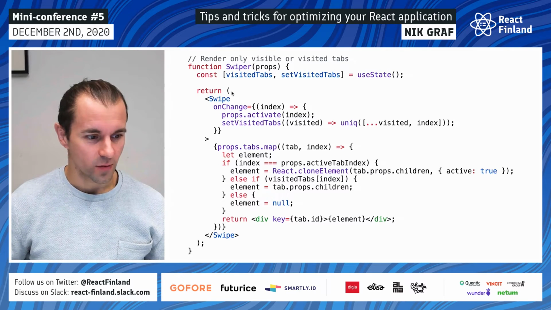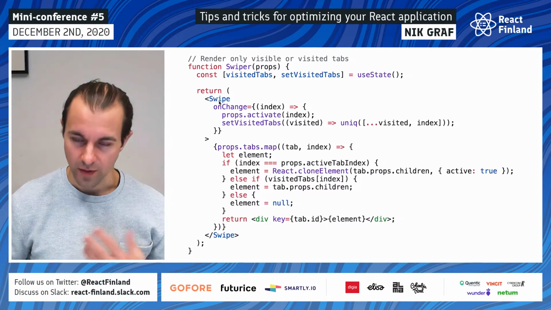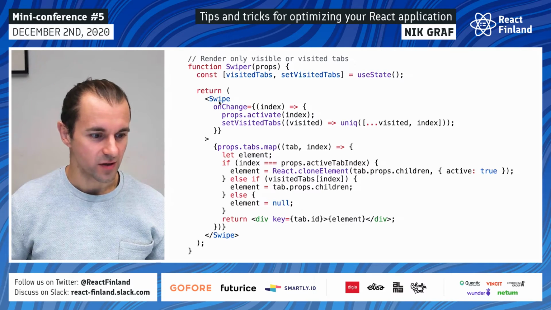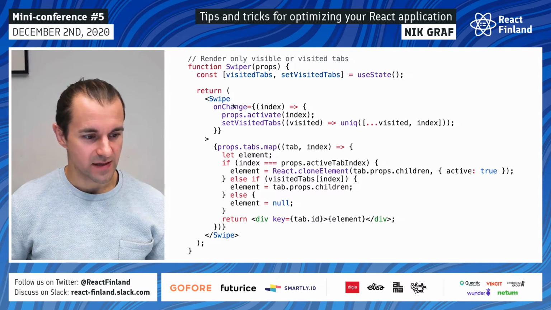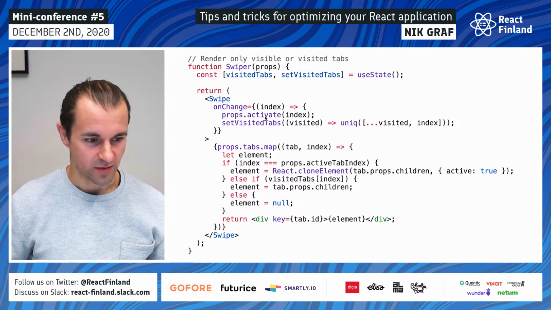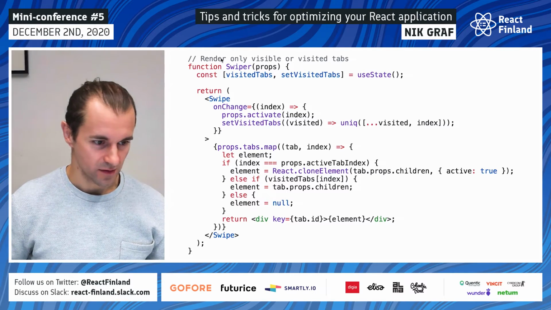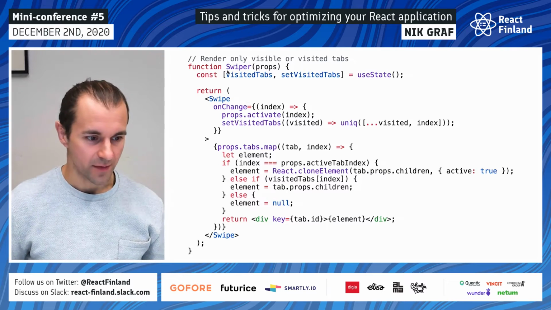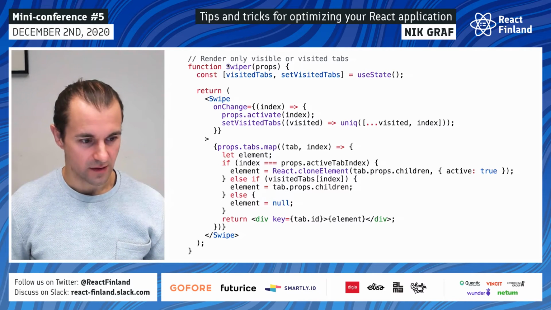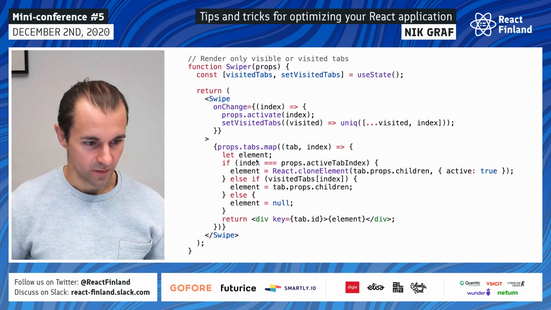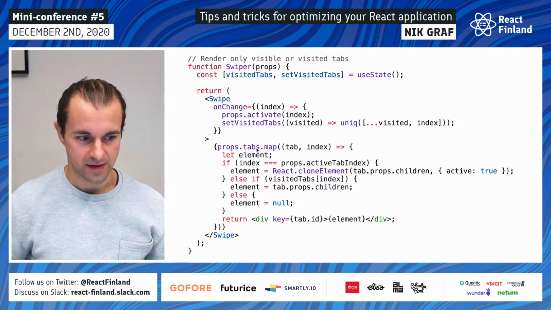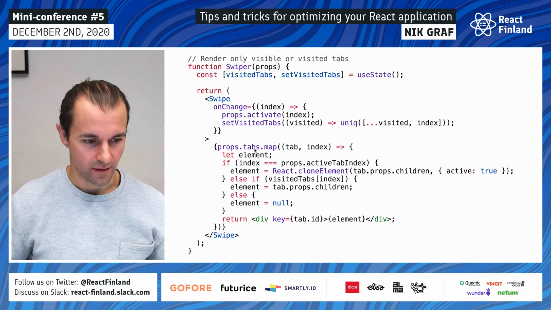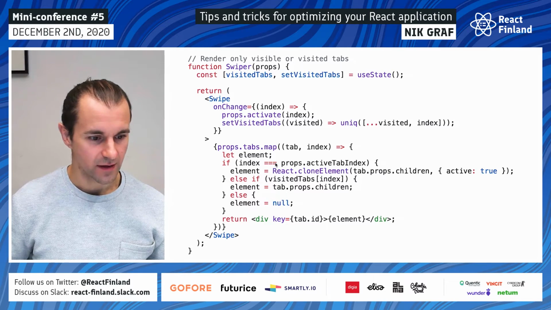And what this code does, it used a swipe component because we had this swipe feature that was required, and then basically it was onChange. It was calling on the props activate. So somewhere up the tree there was the current active state rendered, probably wherever the tabs came from, because they're already pre-rendered with the children.